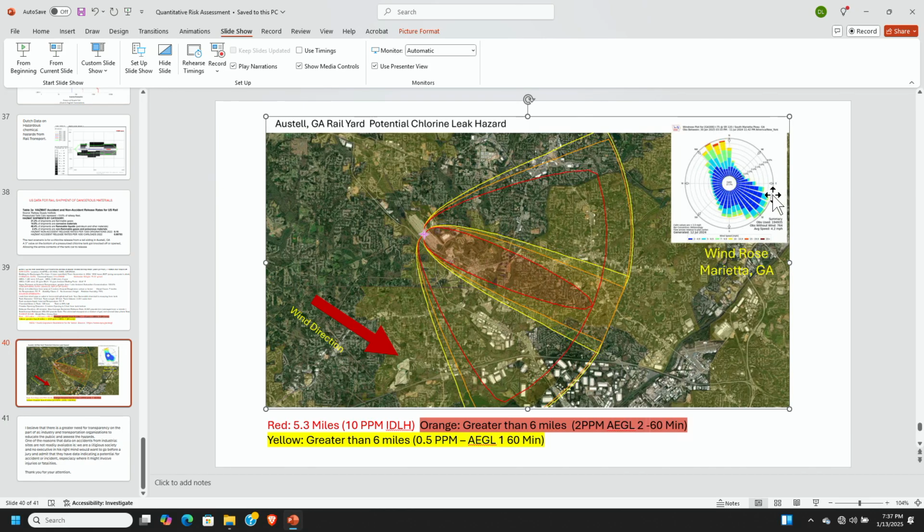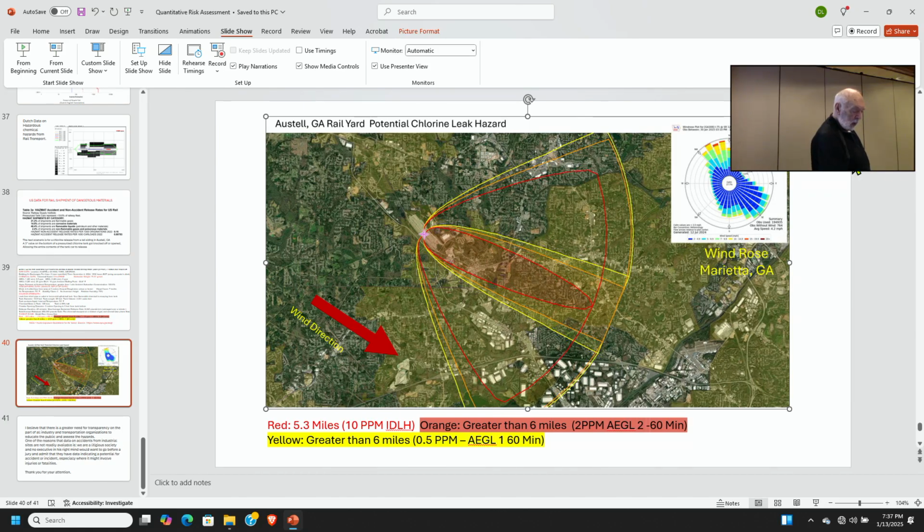The wind can also go back in the other direction as well. So you've got a larger area that potentially could be affected. All right. Let me bring this back.